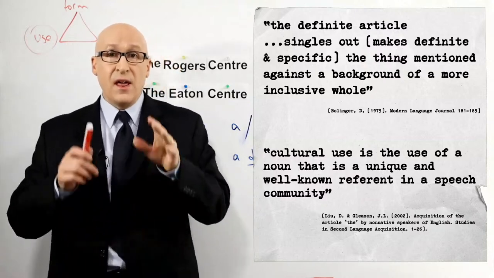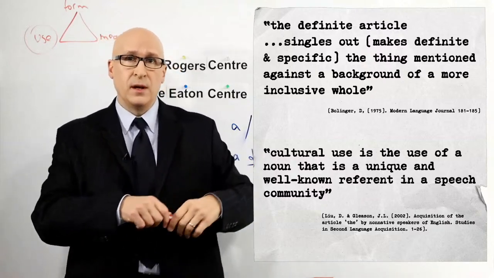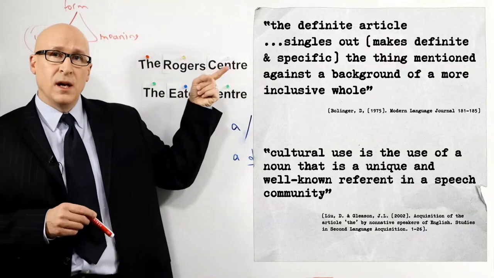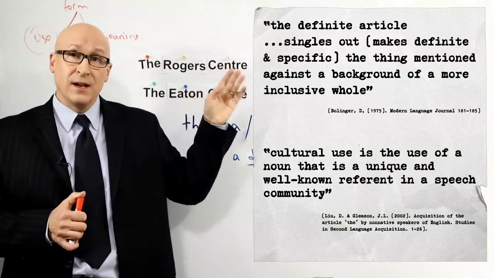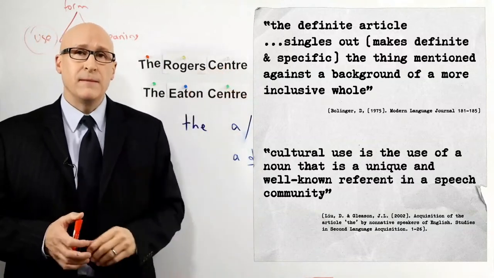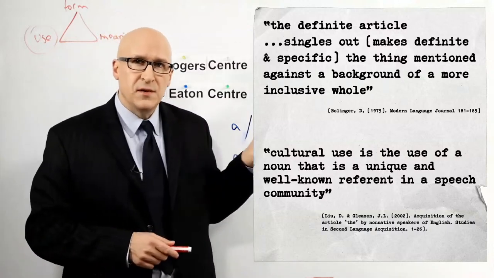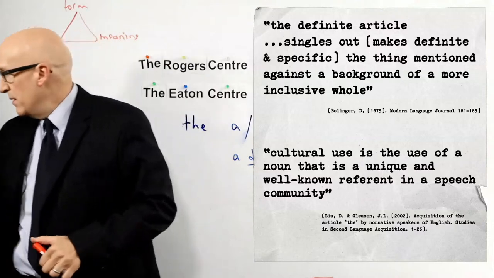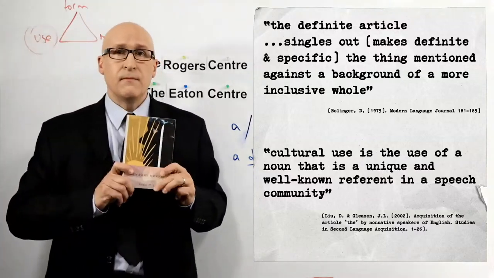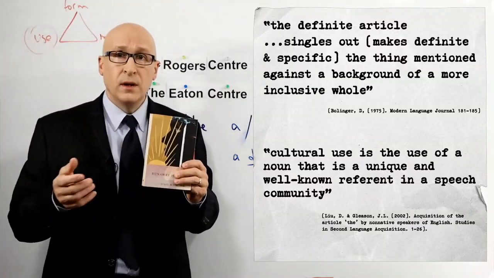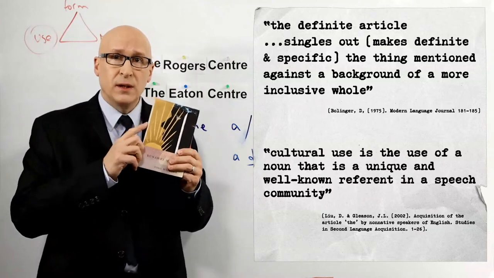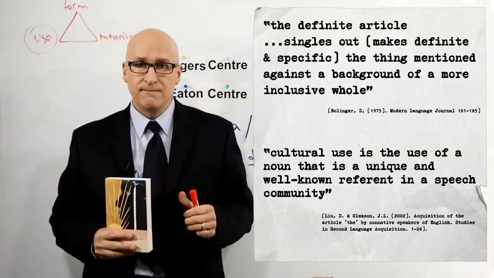A referent is a thing that you refer to. So up here, the thing mentioned against a background, that thing is the referent, okay? The thing you're pointing to. Cultural use is the use of a noun that is unique and well-known, referent, the book, in a speech community.